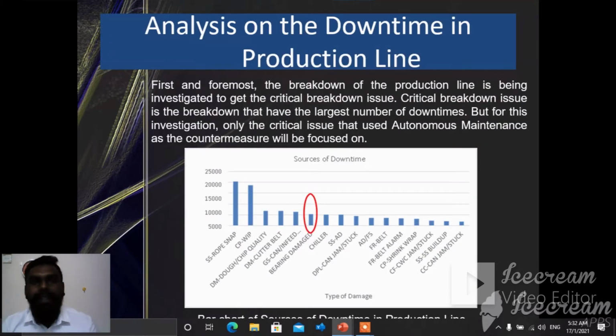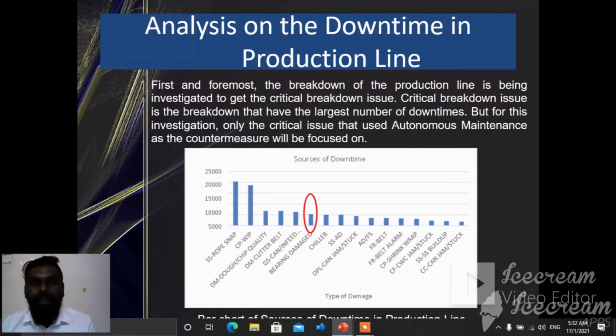Okay, this is the analysis of the downtime in the production line. First and foremost, the breakdowns of the production line are investigated to find the critical breakdown issue. A critical breakdown issue is the breakdown that has the largest number of downtimes. But for this investigation, only critical issues that use autonomous maintenance as the countermeasure will be focused on, which is bearing damage.